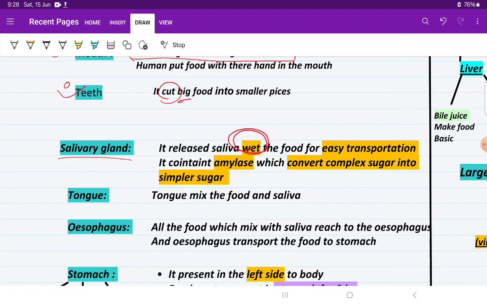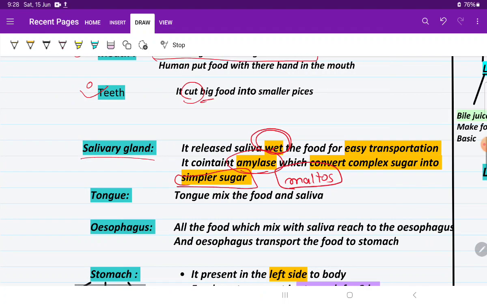The saliva contains amylase, which converts the complex sugar into a simpler form, maltose. The word you have to remember, students, is maltose. Write in the comment box which thing is converted into maltose.